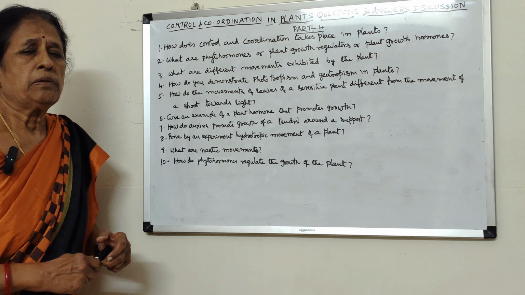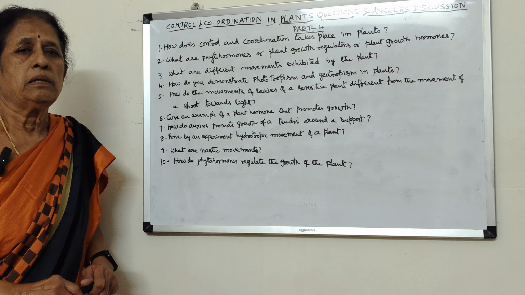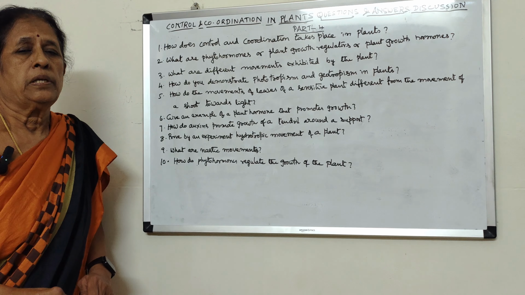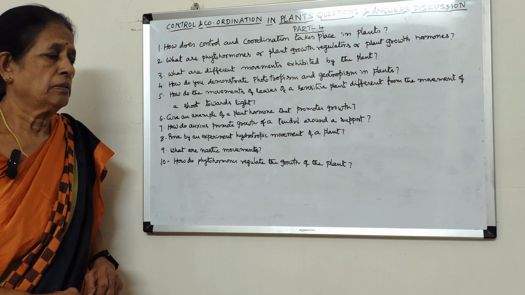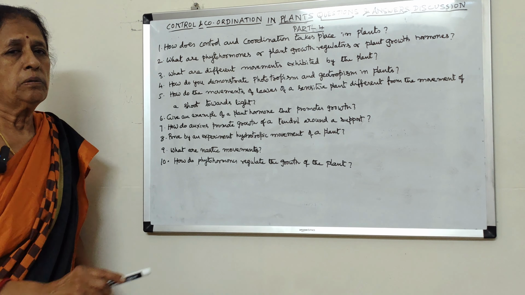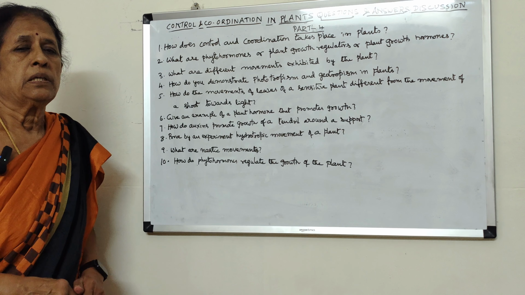So these plant growth promoters and plant growth inhibitors act in opposite directions, so that they regulate the growth of the plant.